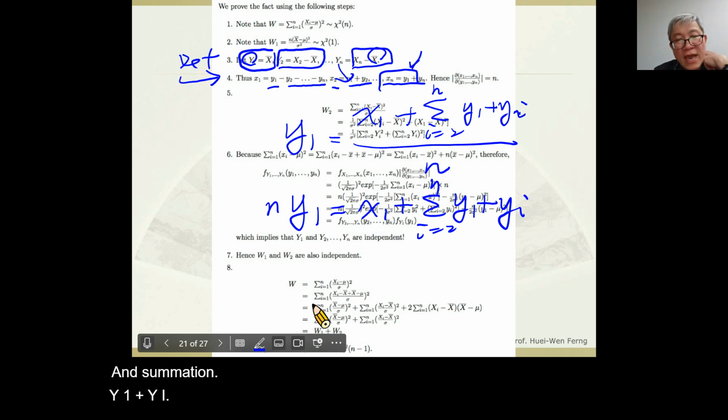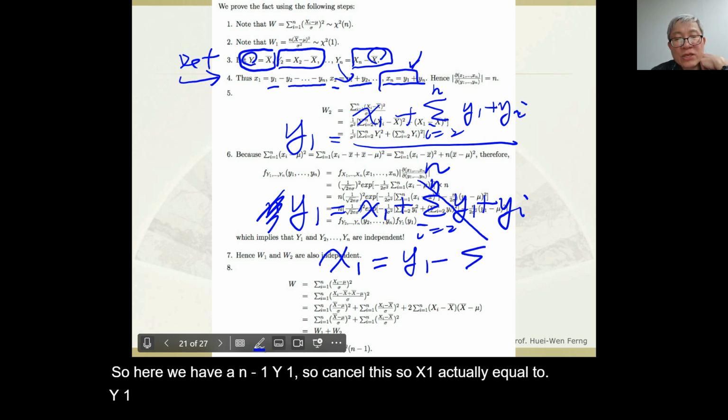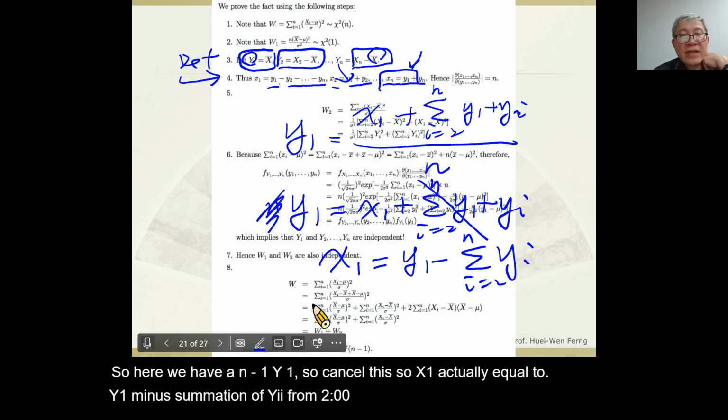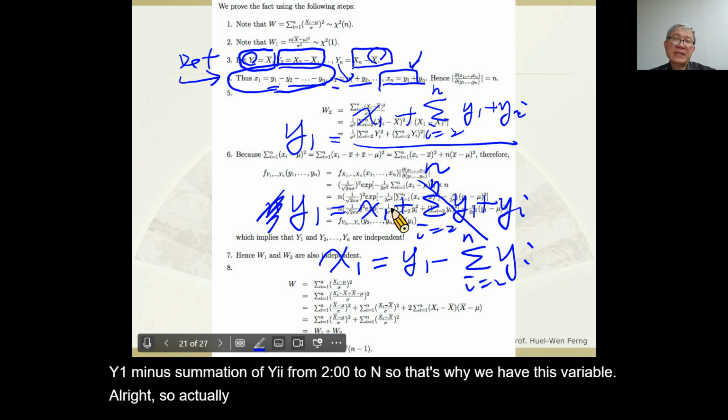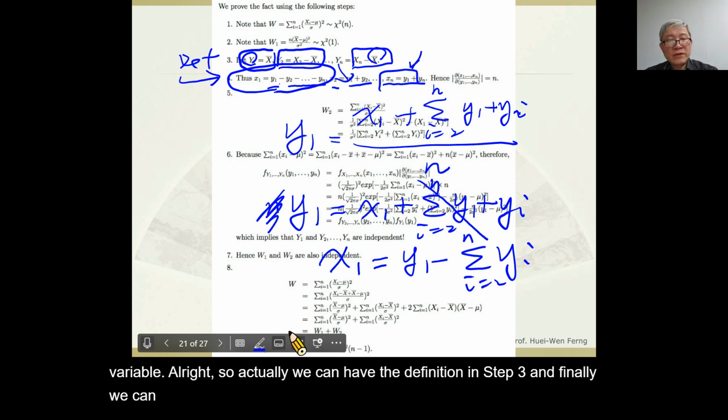Here we have n minus 1 y1, so cancel these, and x1 equals y1 minus the summation of yi, i from 2 to n. So that's why we have this variable. Alright, so we have the definition in step 3, and finally the derivation for the variables in terms of x sub i.